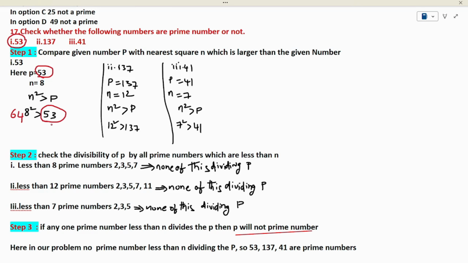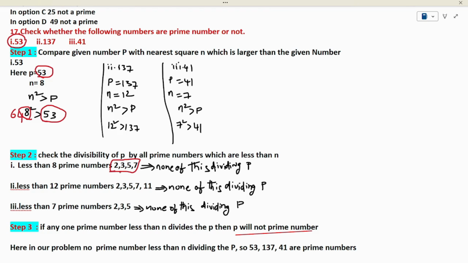The second step is we need to check the divisibility of all the prime numbers less than 8. What are the prime numbers less than 8? 2, 3, 5, 7.